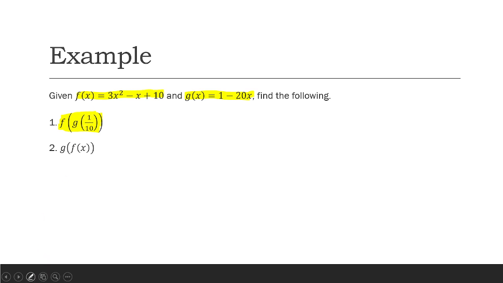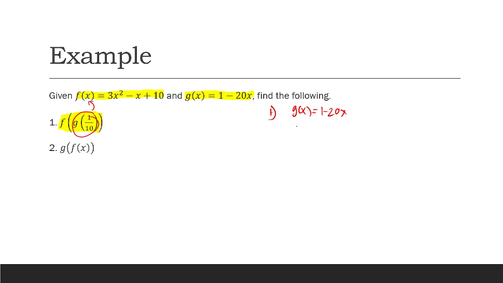So, in this case, if we will try to solve for number 1, the ideal way to solve this is first find g of 1/10. Now, kapag nakuha na natin yung g of 1/10, tsaka natin yung isubstitute sa f of x natin. So, let's try that for number 1. Try muna natin, evaluate g of 1/10. So, we have g of x is equal to 1 minus 20x.